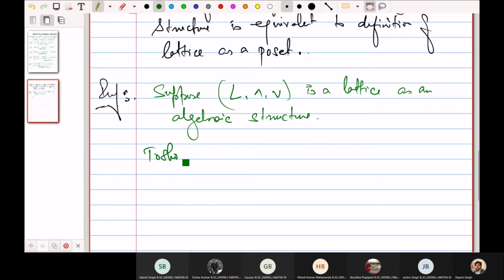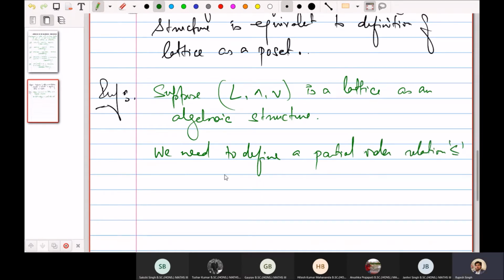To show L is a lattice as a poset, we need to define a partial order relation on L such that L is a lattice.